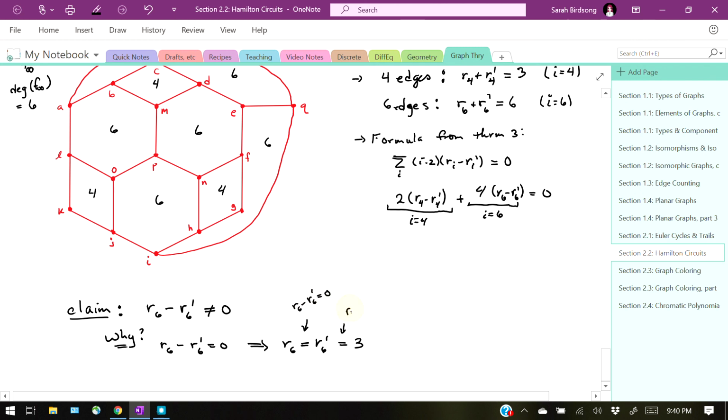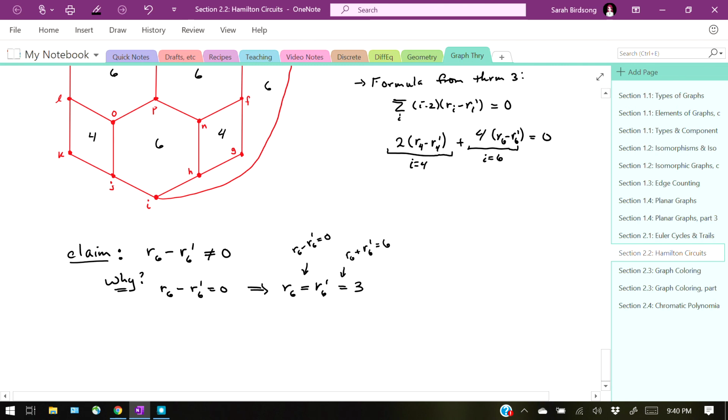And this one came from the fact that the sum had to equal 6. And let's star this formula that we were talking about. So from that formula that was the star, we would get that R4 minus R4 prime has to be 0 once we plugged in all the other bits.